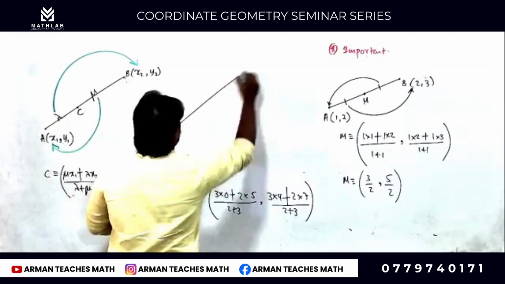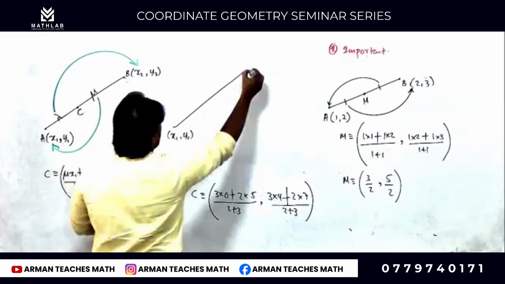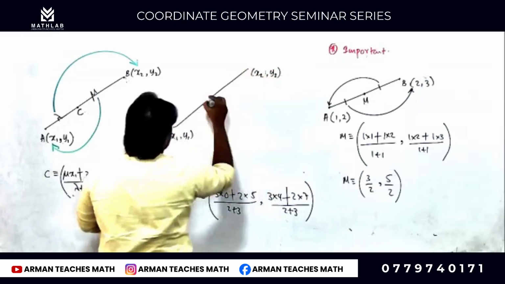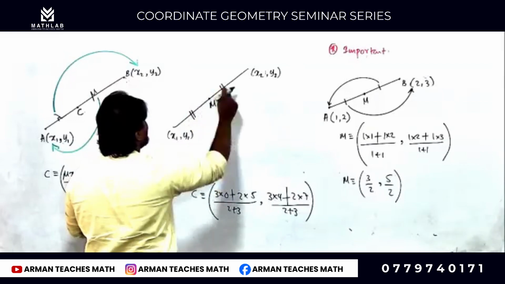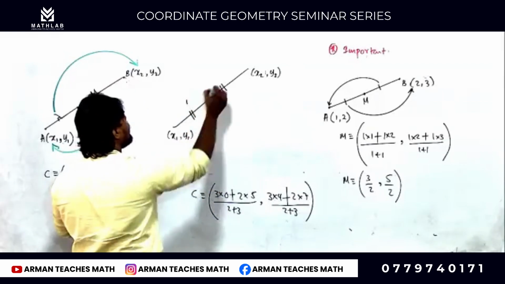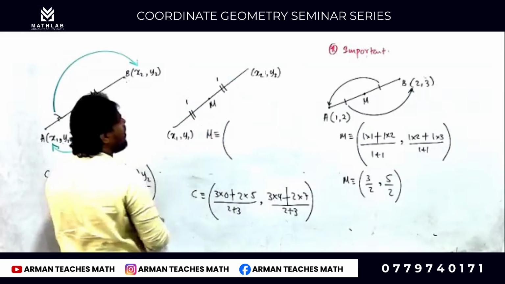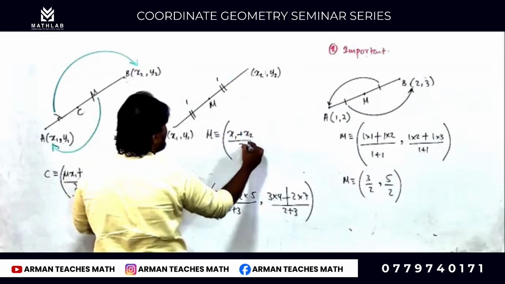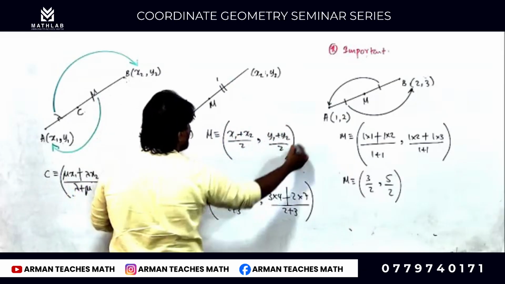Again, if we have two points (x1, y1) and (x2, y2), and I need the midpoint's coordinates, midpoint means these two parts are equal, which means a 1:1 ratio. We can easily calculate the x coordinate and the y coordinate. How? Add the x coordinates and divide by 2, comma, add the y coordinates and divide by 2.